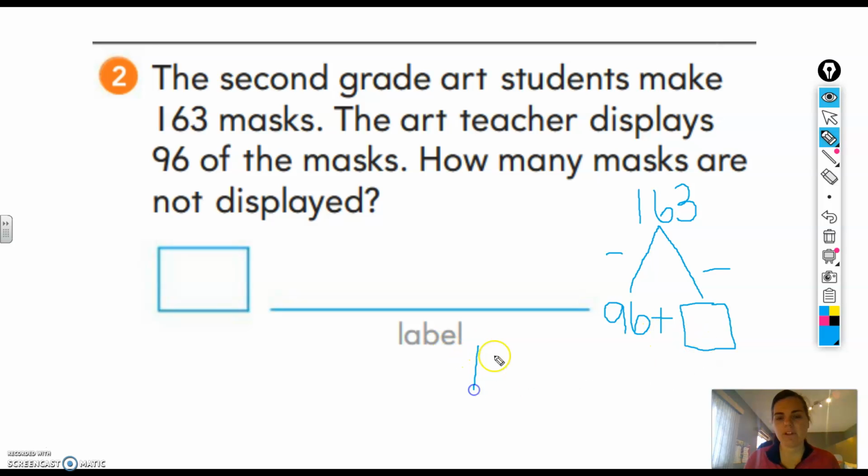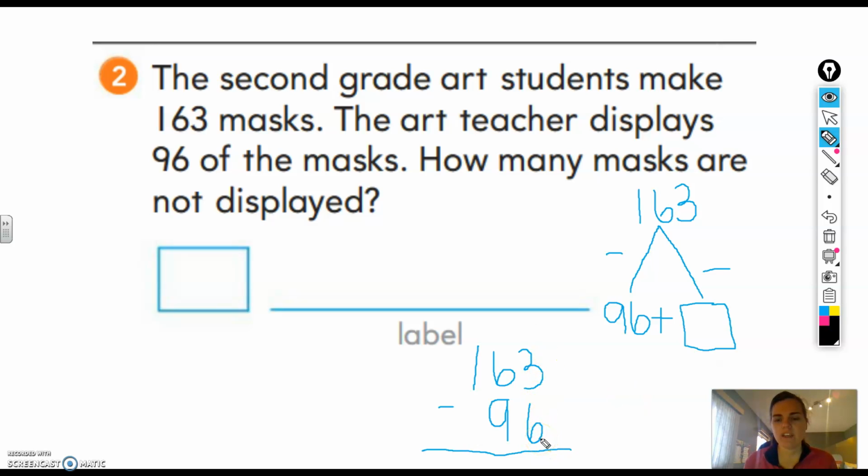So on this side, I'm going to line up my ones and my tens and my hundreds. 163 minus 96. We need to take our time to make sure we have those lined up. Otherwise, we are going to get confused on what to subtract and what to do. So now, if I look here, I always start in my ones cup.